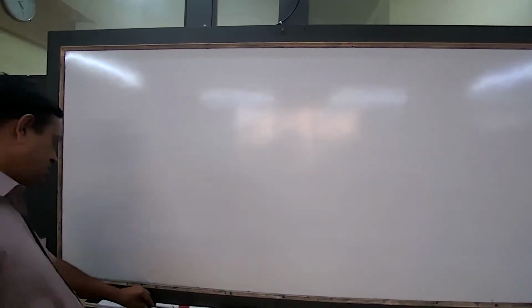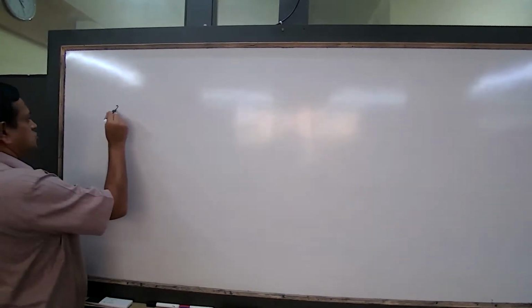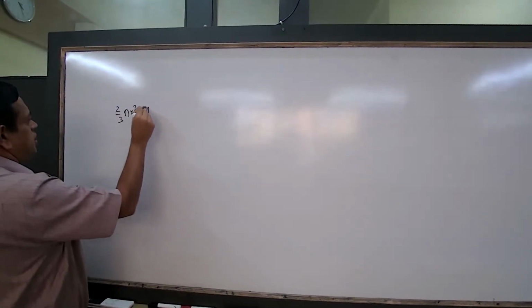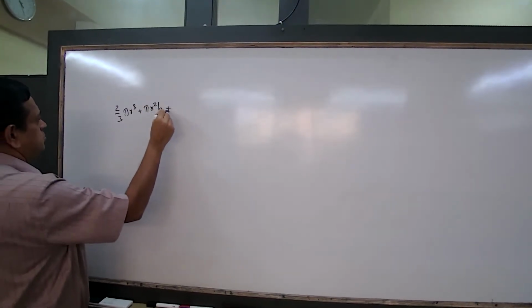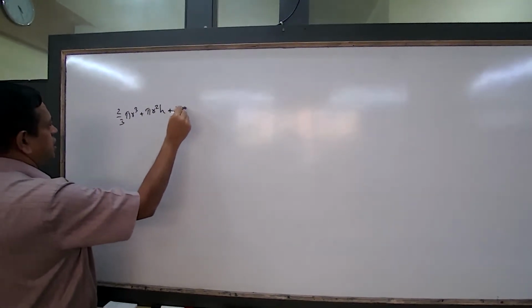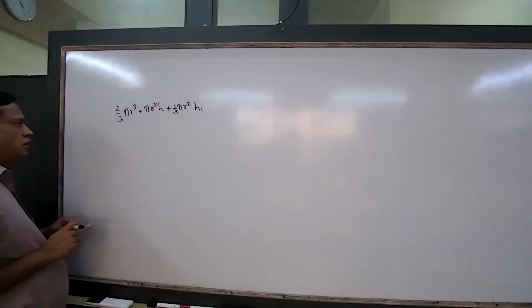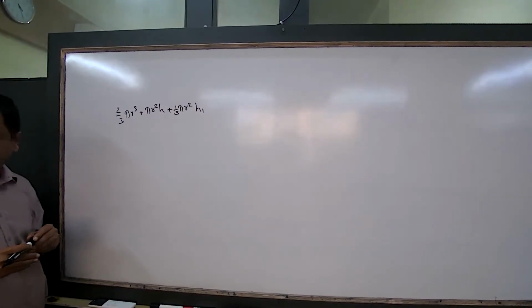So this is 2/3 pi r cube plus pi r square h plus 1 by 3 pi r square h1. You can take 1 by 3 pi r square common.